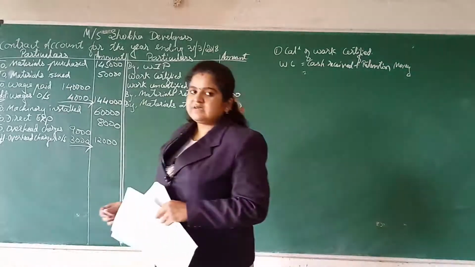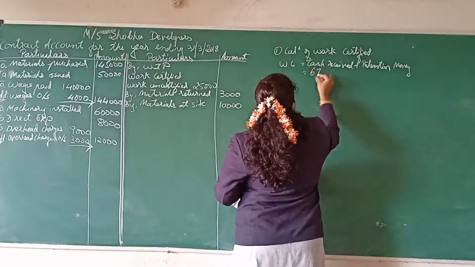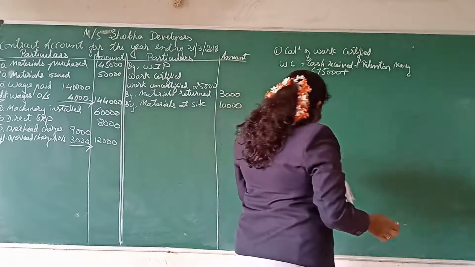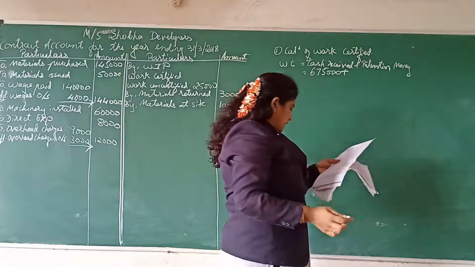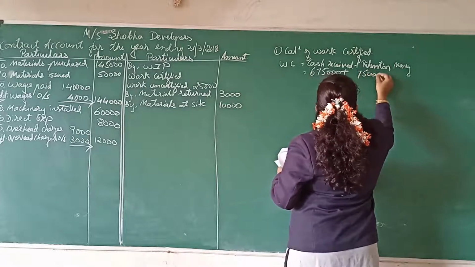Cash received is given in the problem, that is 6,75,000 plus retention money is also given in the problem. Retention money is 75,000.